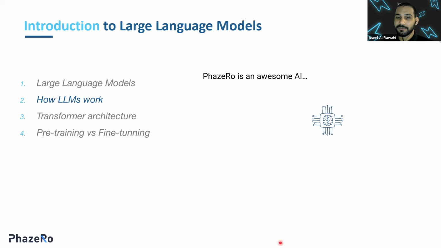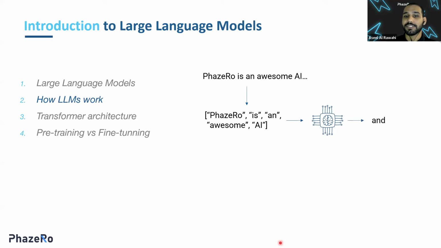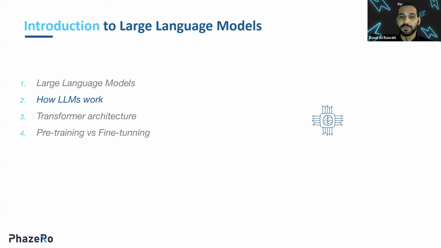So we take that output, combine it with our original sentence, and run the same process again. We break the sentence into PhazeRo, is, an, awesome, AI, and then we ask the large language model to output the next predicted word, which is "and". At the end, we have our completed sentence: PhazeRo is an awesome AI and machine learning startup.